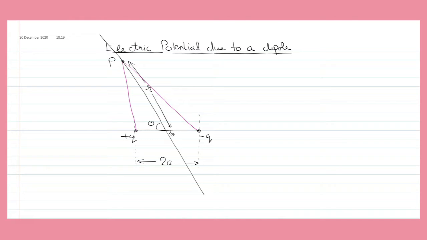So now I will mark these points. Suppose I write this point as capital Q, this point as capital R, this point as X. Then from this point Q, I drop a perpendicular on PX.